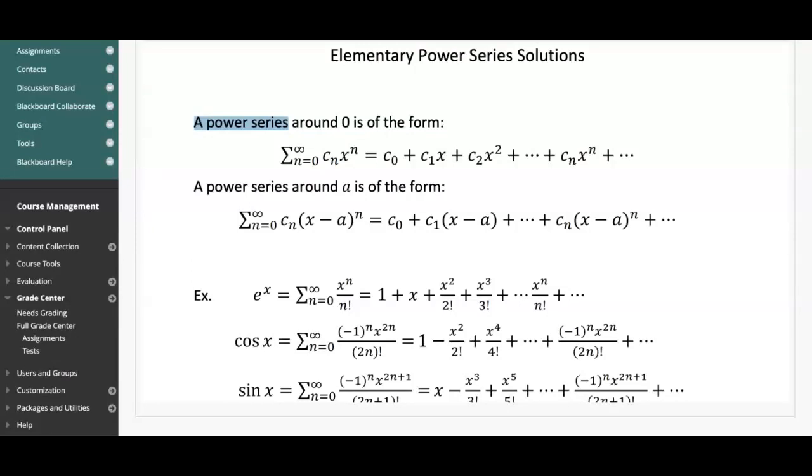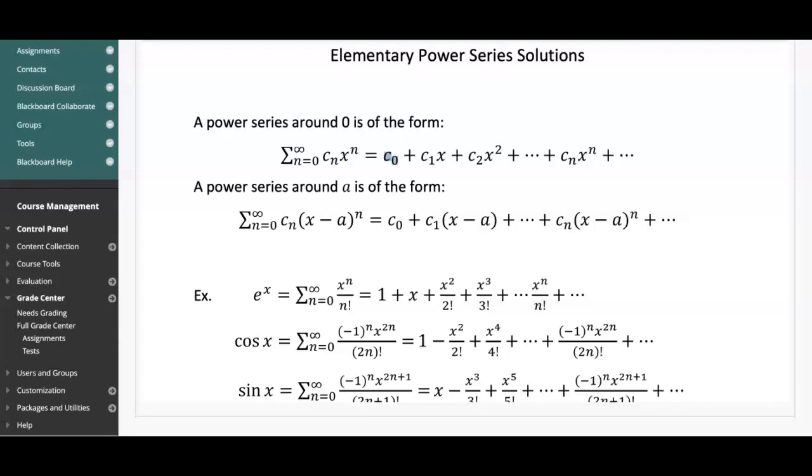But for now, we're going to use power series as a solution, which is infinite. You could think of it as a polynomial with infinitely many terms. So it has this form, right? A constant, which is degree 0, x raised to 0, linear, quadratic, and so on and so forth.